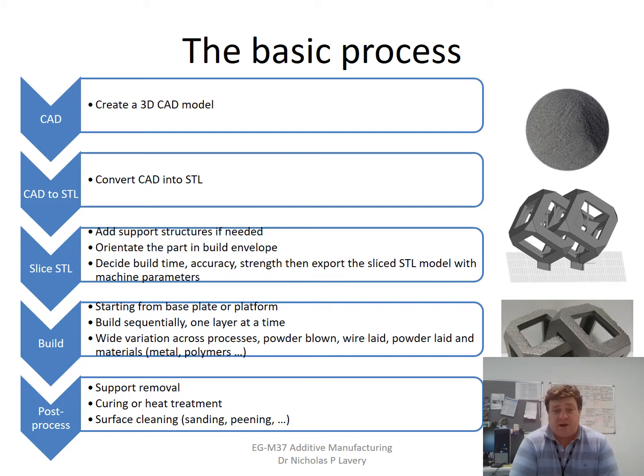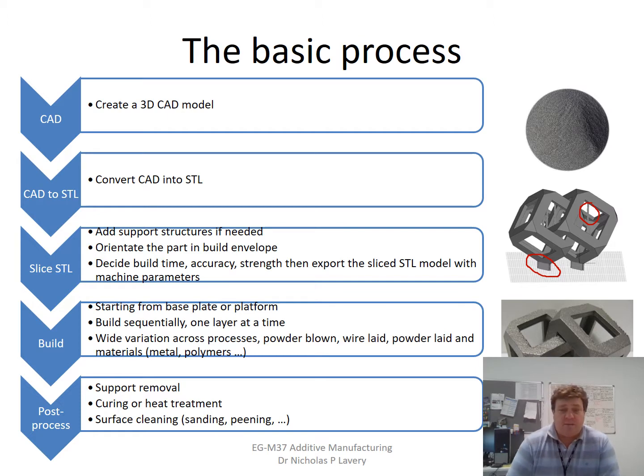After we've got the STL file, we will need to slice it into a series of layers. We'll need to add support structures if these are needed. Sometimes you can build it from the plate, as you can see in the example on the right of this rather complex interlinking set of cubes. You have some supports which attach to the base plate, and then you have some internal supports for overhanging areas.